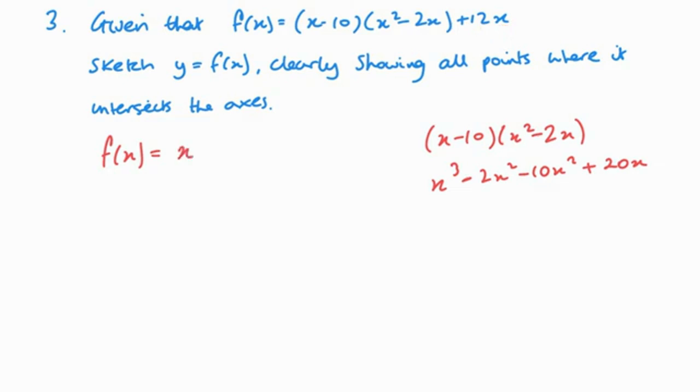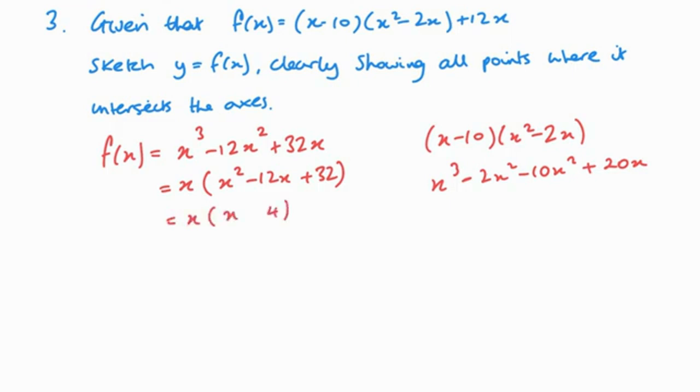So we have x cubed minus 12x squared plus 32x. Now I can factorize x out of all of this. x squared minus 12x plus 32. 4 8s are 32. And they'll also give me that -12. So this is it fully factorized.